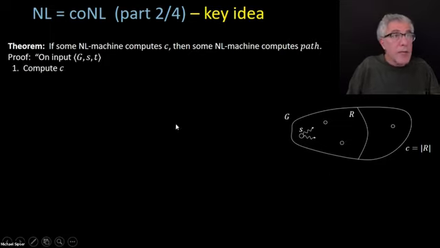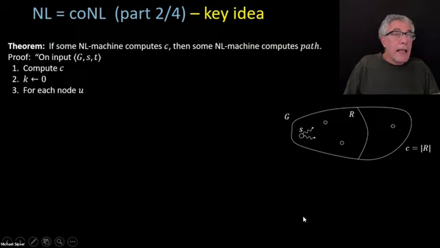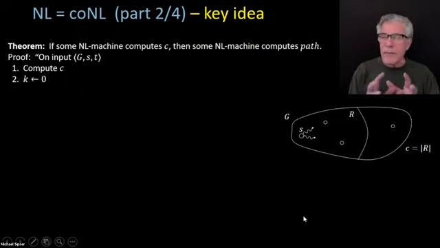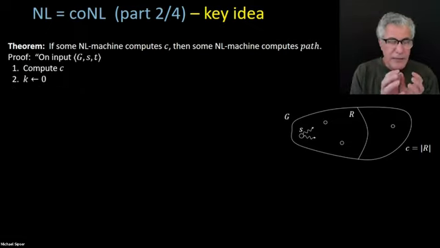Okay? So here is my non-deterministic algorithm for computing path. First, I'm going to compute C. Or let's say C is given. And now maybe the best thing to do is to try to give you the idea up front.